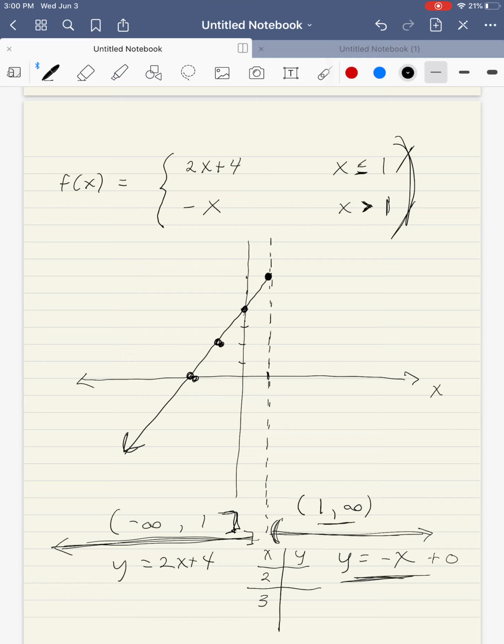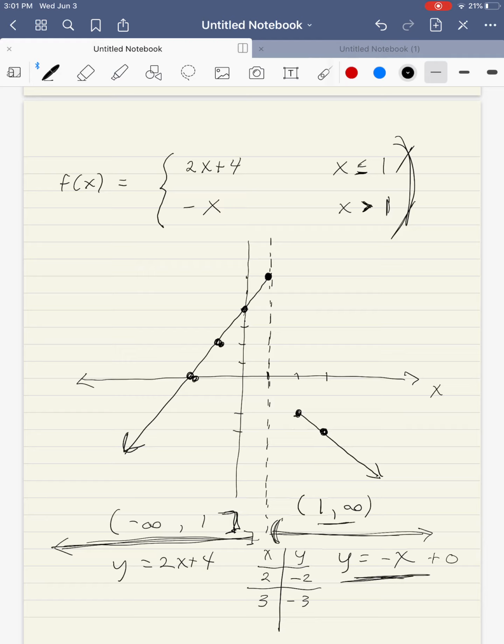In other words, numbers that are greater than 1. So say 2 and 3. And if I plug into this function, y equals negative x, I would get negative 2 and negative 3. So I would have the point 2, negative 2. And I would have the point 3, negative 3. And 4, negative 4, and so on. So this graph would continue on in this direction.